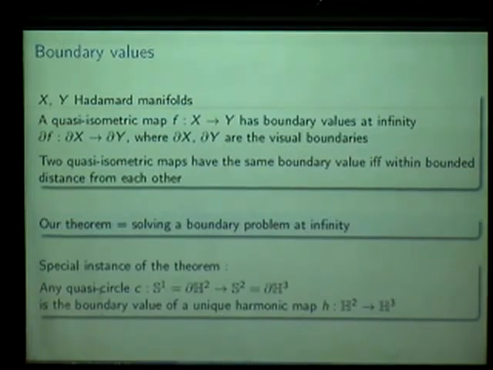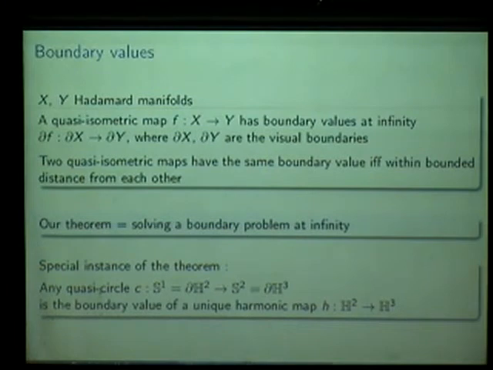A special instance of my theorem, which I will rephrase, is that a quasi-circle is the boundary map of a unique harmonic map. So what is a quasi-circle? First of all, it's a map from the circle S1 to the two-sphere S2. There are literally dozens of equivalent definitions, with many different flavors of quasi-circles.